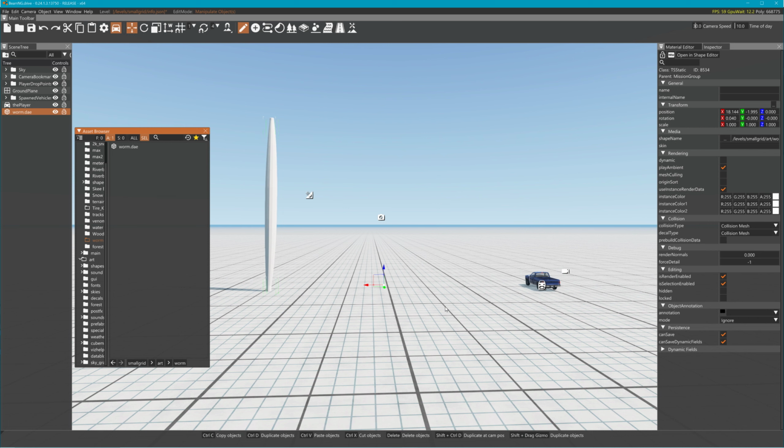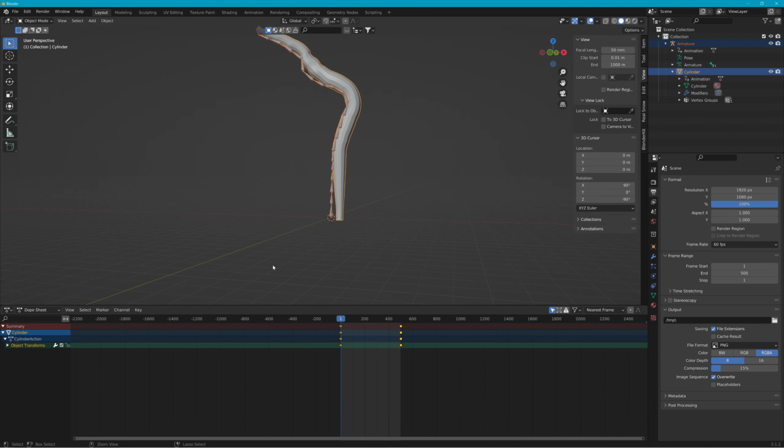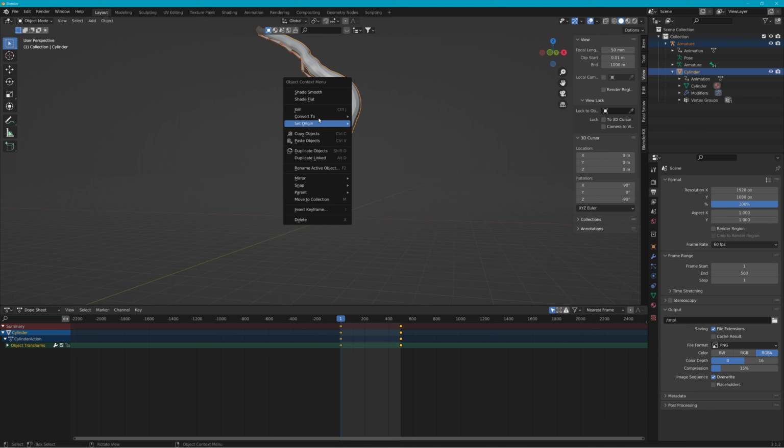Alright, so that data didn't transfer. Baking the object's movement from point A to point B did not work. So let's try to bake the, where's it at? Damn it.